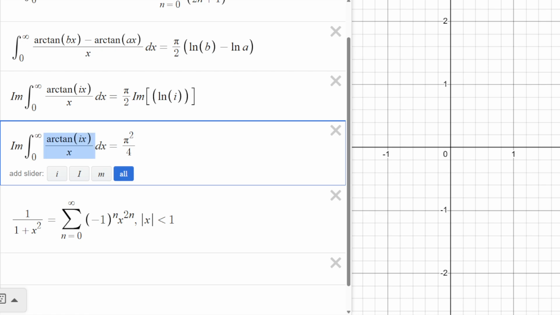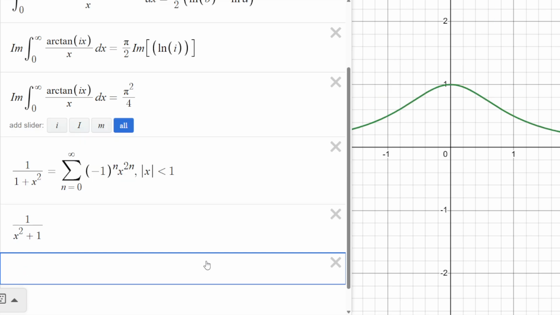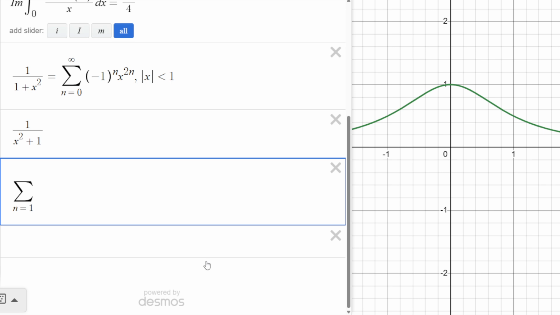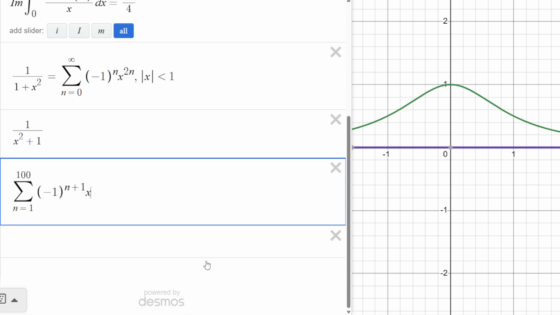All right, so now let's go back to Desmos here. So what did we just say? 1 over x squared plus 1 is also equal to the sum as n goes from 1 to, and I'm just going to put in 100 here again, so, and then it's negative 1 to the n plus 1 times x to the negative 2n. Yep.